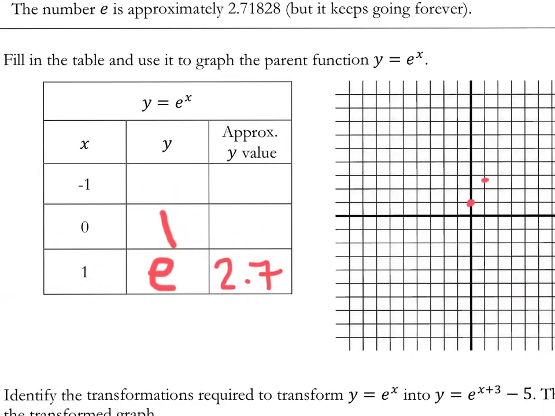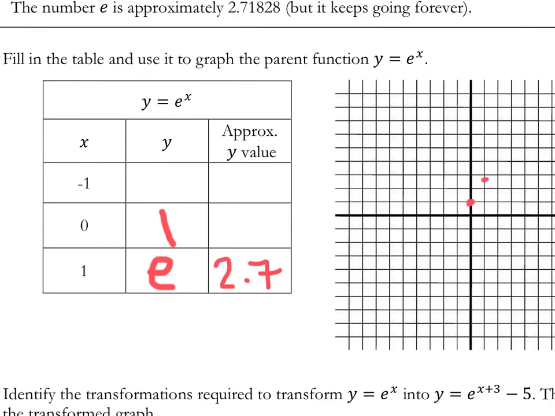So then to get a third point, if you plug in x equals -1 to the exponent, you end up getting 1 over e. Now, again, we said that e is a little bit under 3, so when you go to put it on your graph, this is going to be like 1 over 2.7, which is pretty close to a third, and since it's a teeny tiny fraction anyway, 1 over 2.7 and 1 third are going to look very close on your graph.